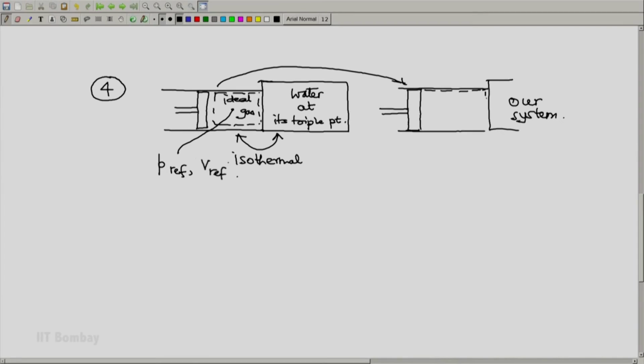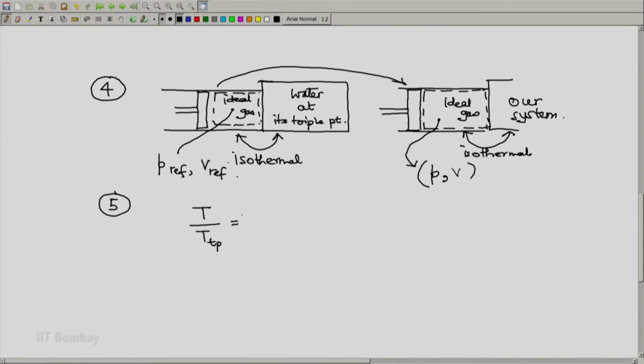Again wait till this thermometric system, which contains an ideal gas, attains a state isothermal with the state of our system, and then we measure the P and V of this ideal gas system, and then finally we use the formula which is part of the definition, that T of our system is obtained by using this relation, and PV reference is nothing but the product of P reference, V reference.